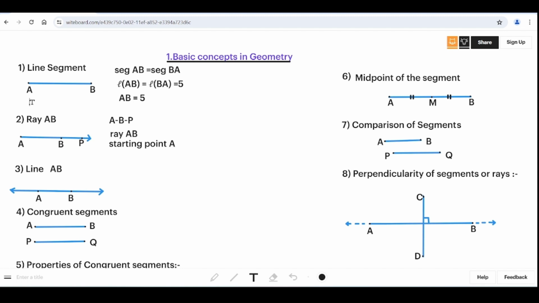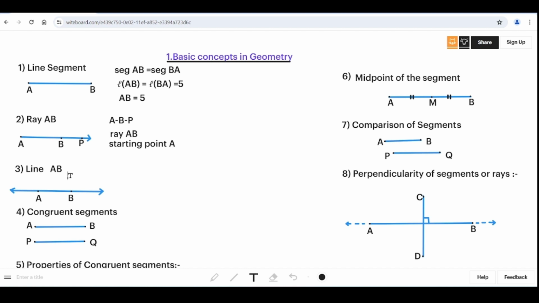A segment has a start point and an end point, but there is only one end point for the ray, that is the starting point. There is no bound on the other side. This is called the ray. It continues in that direction.